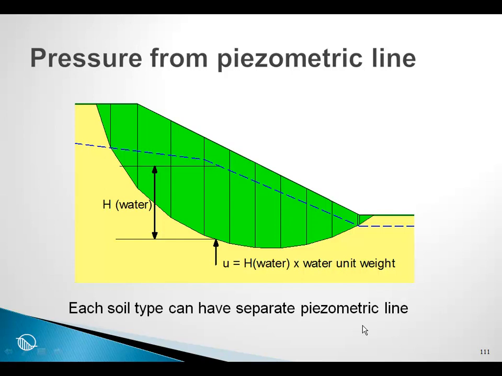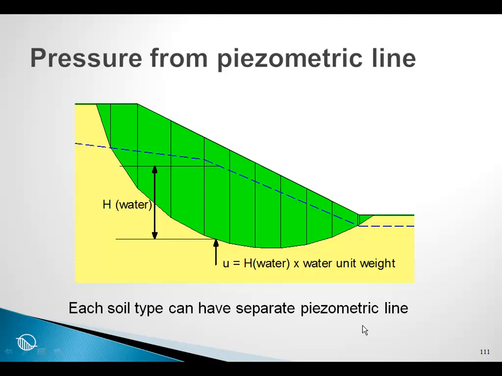There are several features about the piezometric line that are worth highlighting. Number one is that each soil type can have its own piezometric line. This means that there can be many different piezometric lines. For example, if you had 3 different soil types, each soil type could have its own piezometric line. This is not done often, but the feature is there for special cases.